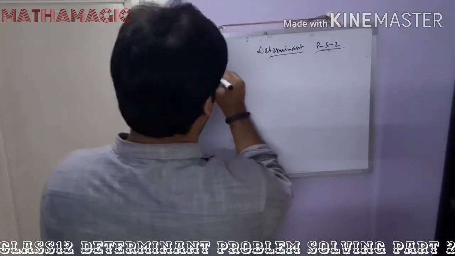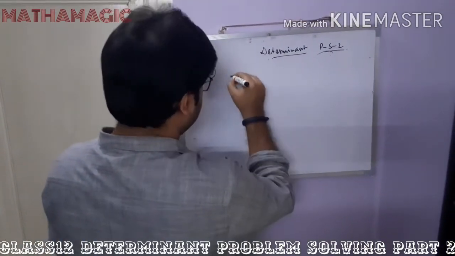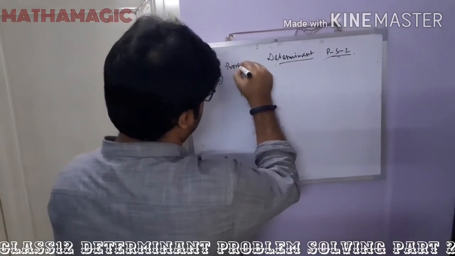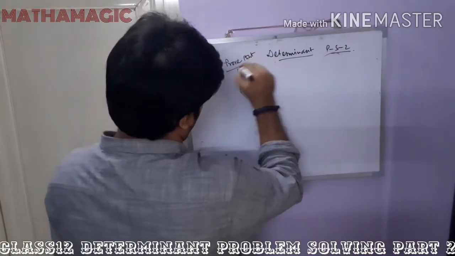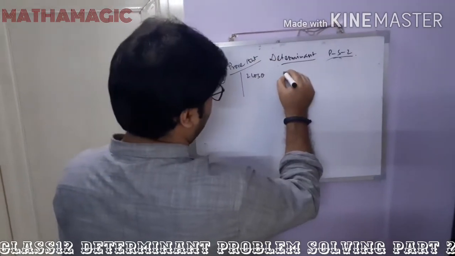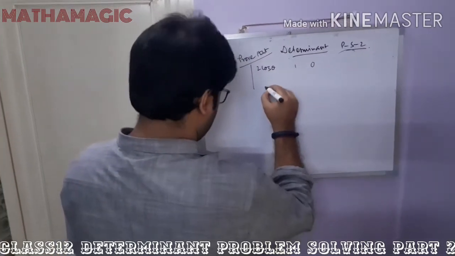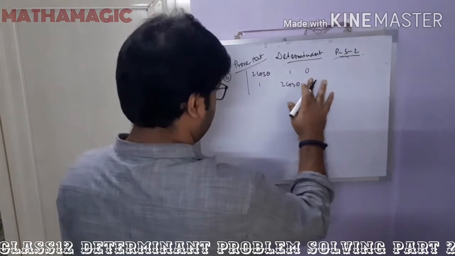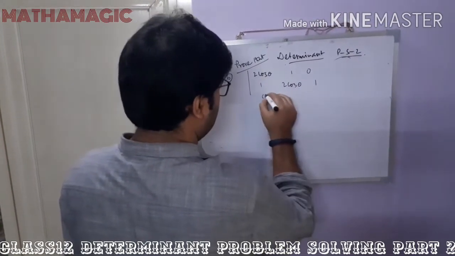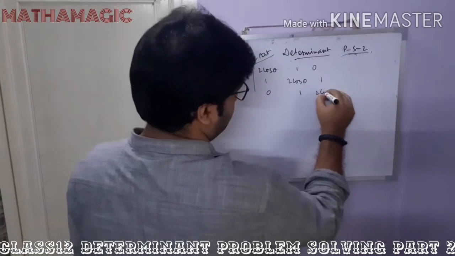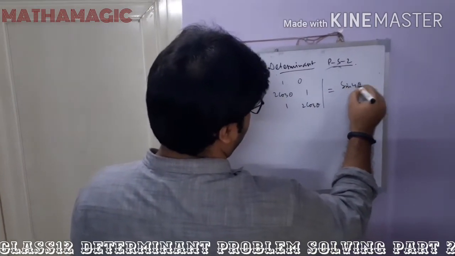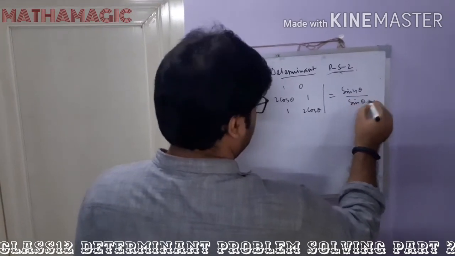In this sum, it is stated that we have to prove: the determinant with rows 2 cos theta, 1, 0; 1, 2 cos theta, 1; and 0, 1, 2 cos theta equals sin 4 theta by sin theta.